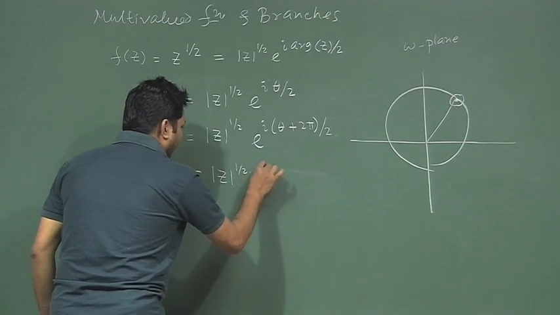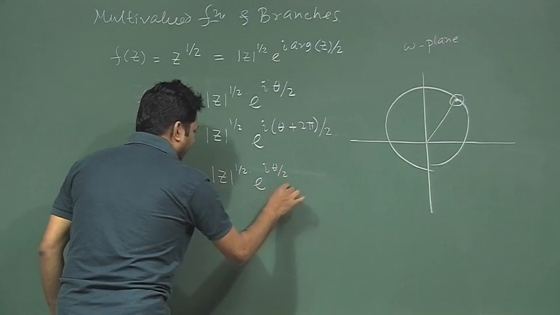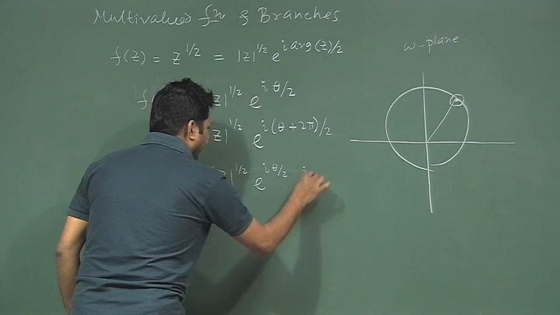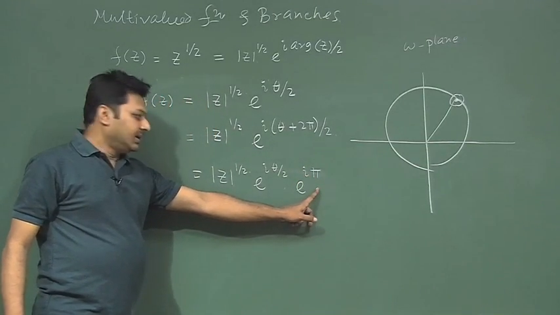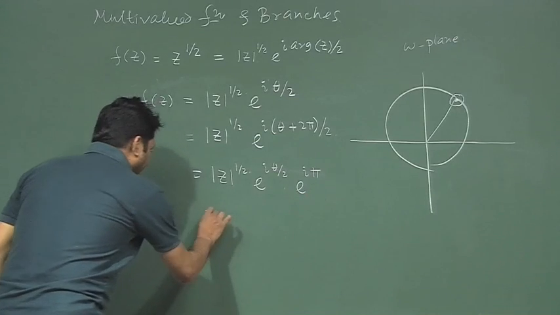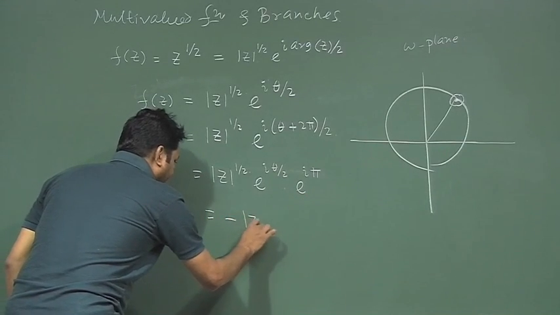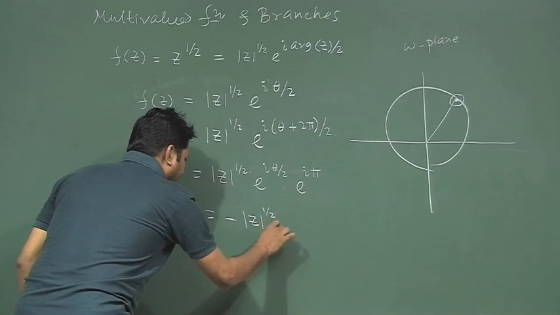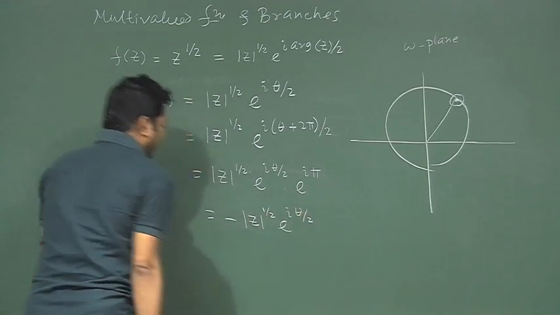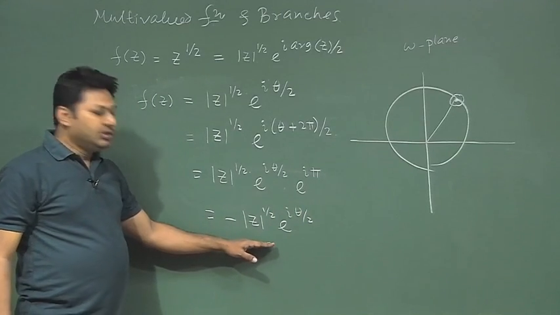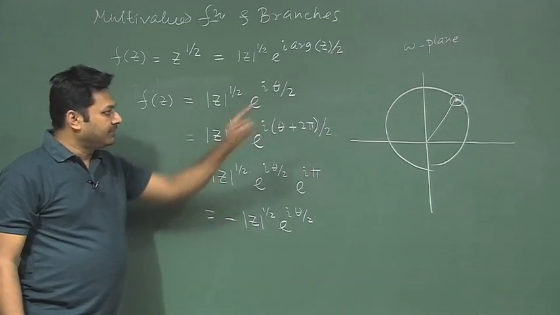It is e to the power i theta by 2 multiplied by e to the power i pi. E to the power i pi is essentially minus 1. So, minus of this is a new value that I have for the same z.